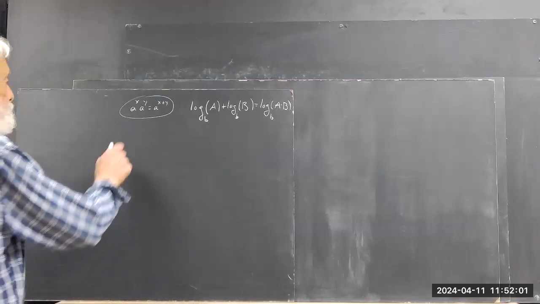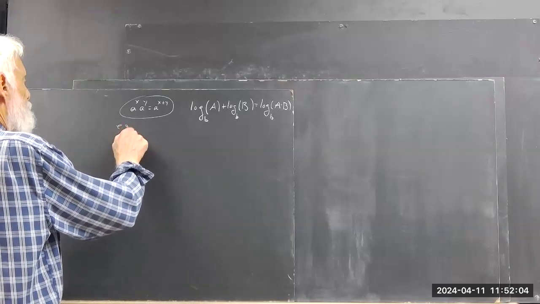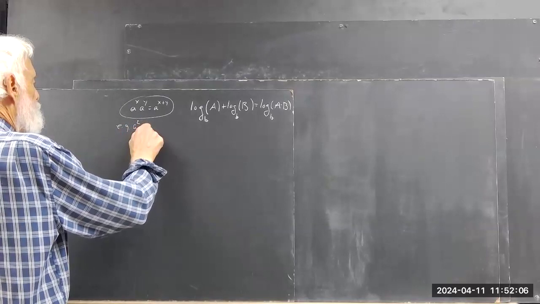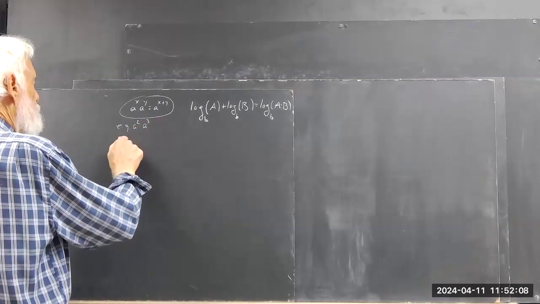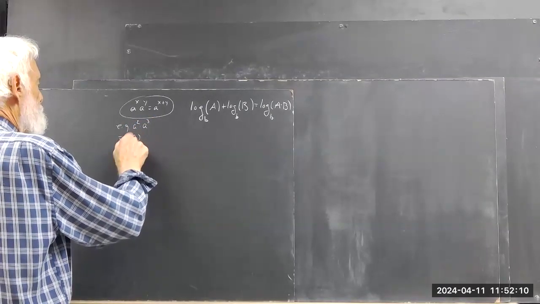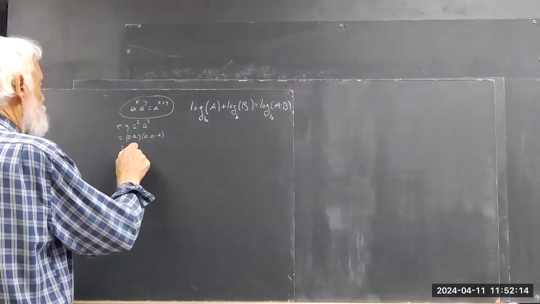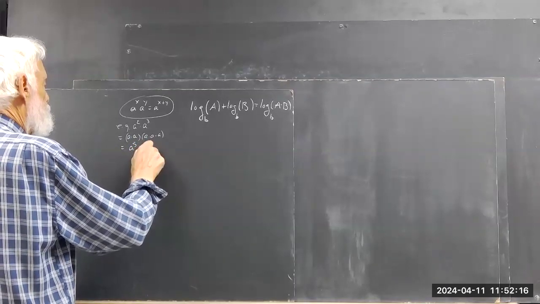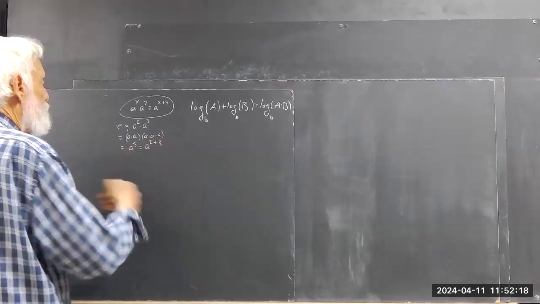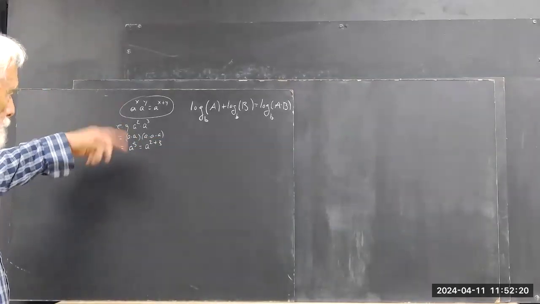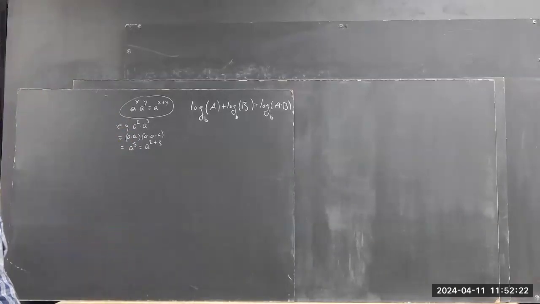For example, A squared times A cubed equals A times A multiplied by A times A times A, which is A to the fifth, which is A to the 2 plus 3. And we went over that to some extent earlier in the course.